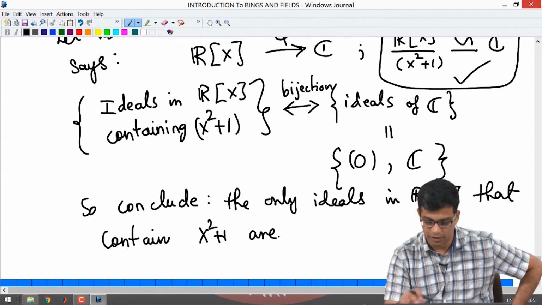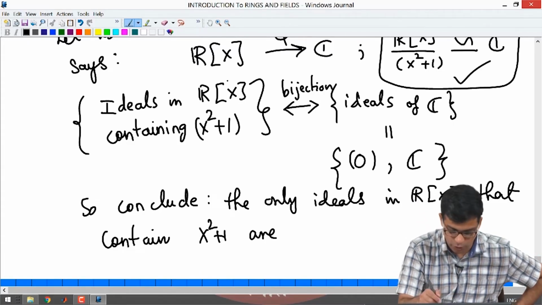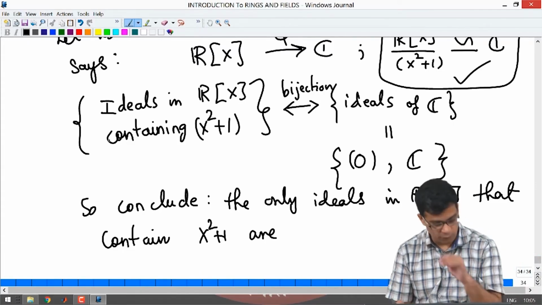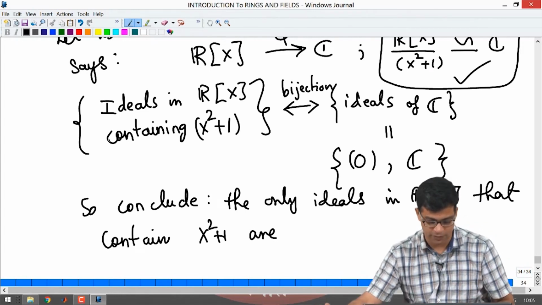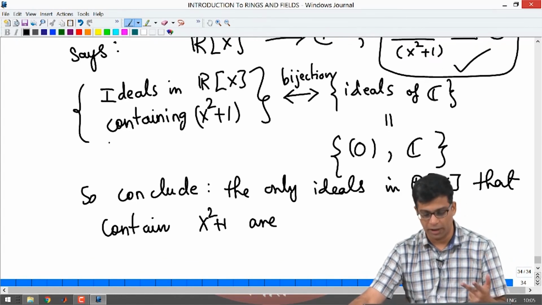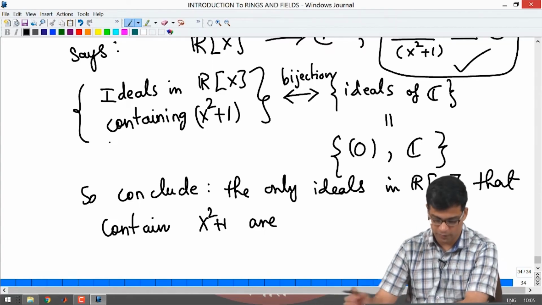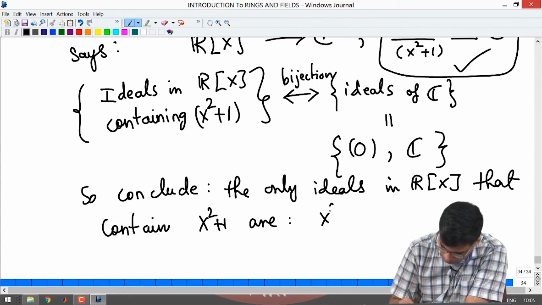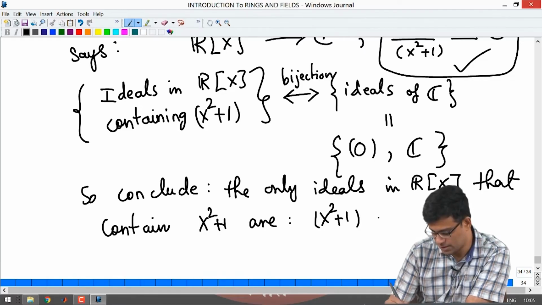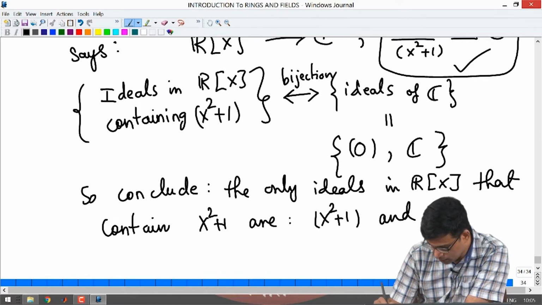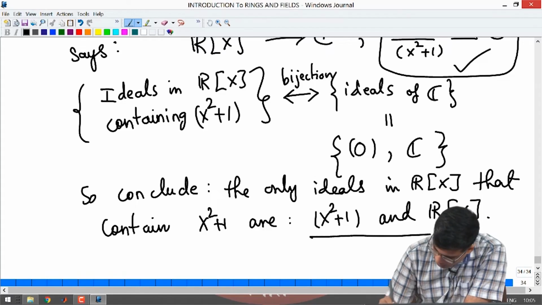By the bijection between this set and this set has two elements, right. And what is this set? Ideals in R[x] containing x squared plus 1. So, there are only two ideals containing x squared plus 1, and there are two obvious ideals that contain x squared plus 1, right, x squared plus 1 itself and R[x]. There is no other ideal.